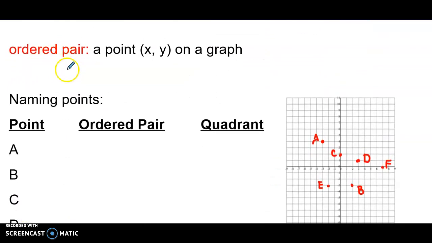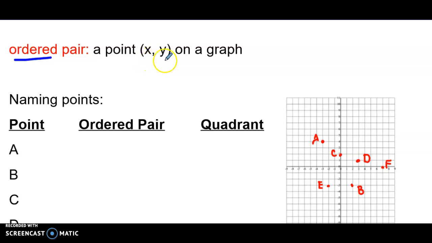An ordered pair, the next definition, is a point, so there's an x value and a y value. A point on the graph that has an x value and a y value. Okay, it's an ordered pair because it has to go in order. So that means the x has to come first and then comes the y.